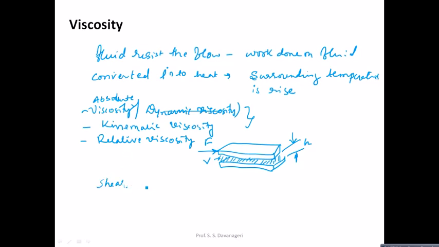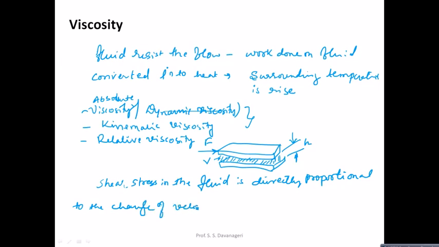Now according to Newton's law of viscous flow, the shear stress in the fluid is directly proportional to the change of velocity, that is, the velocity gradient or rate of shear.